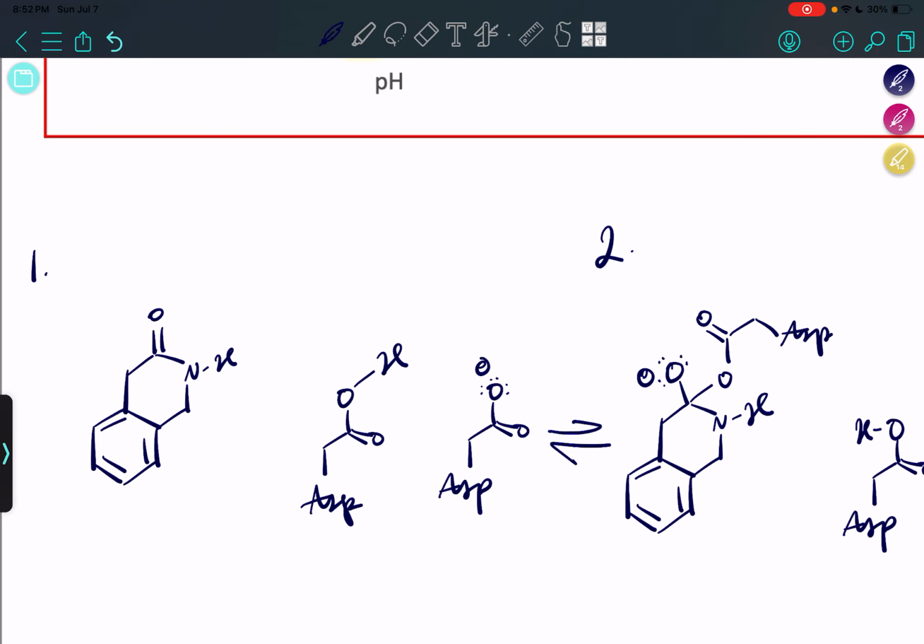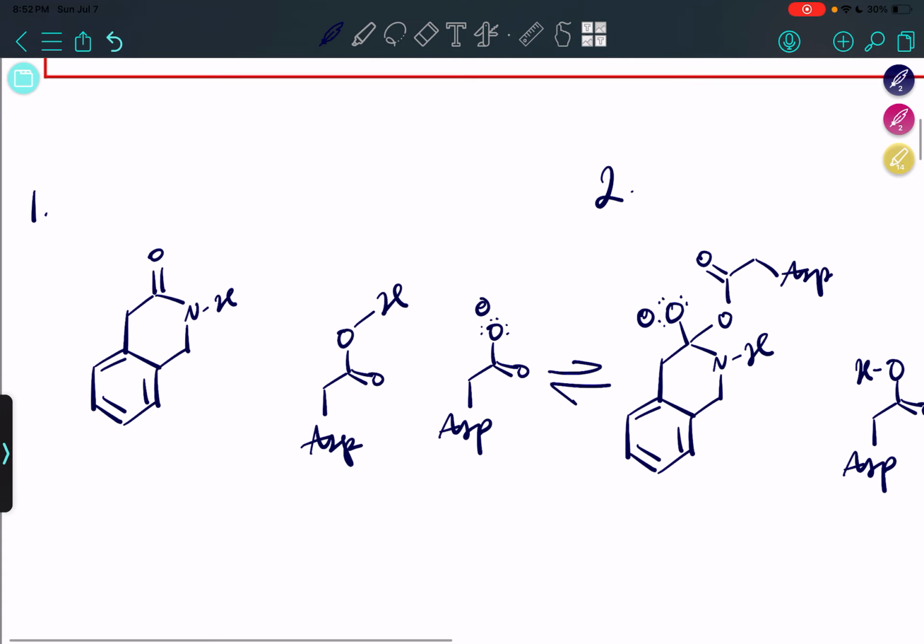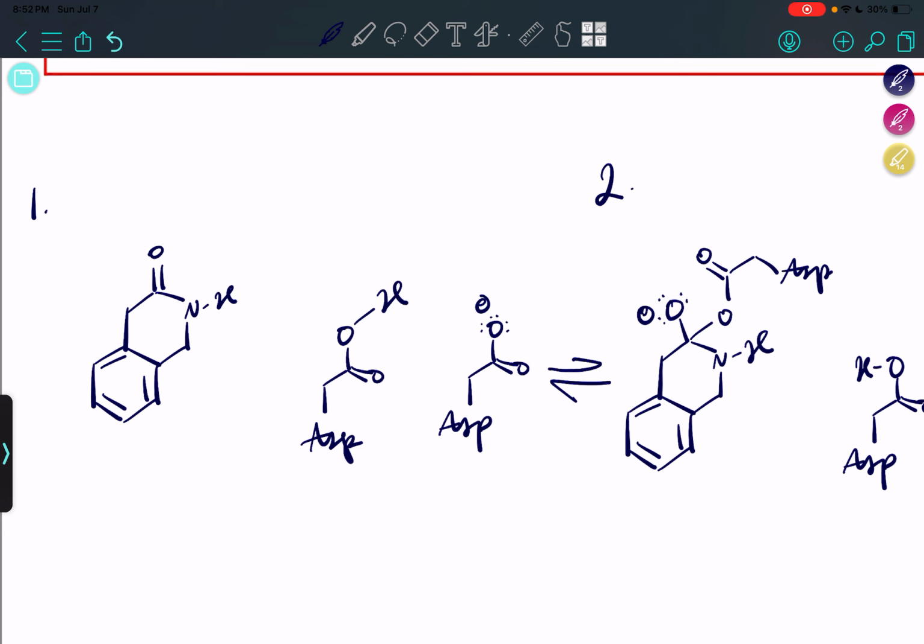So looking at our first step, I want to first recognize that the catalytic strategy of proximity is used here. These two aspartic residues have to be close to each other in the catalytic dyad and also close to the substrate.